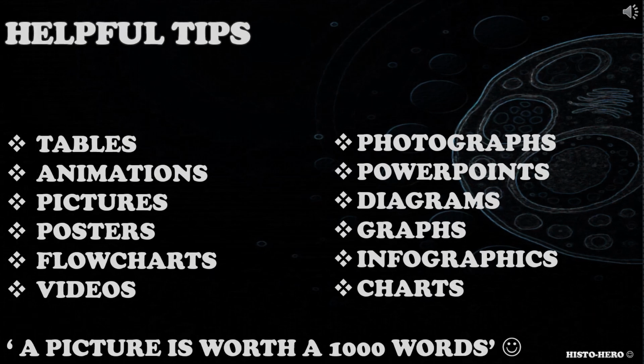I would also like to share with you some helpful tips that can make your portfolio look really good. Try to present the information in various formats such as tables, pictures, photographs, diagrams, flowcharts, graphs, or even videos, if you can. This nicely breaks down a lot of text that is usually present in specialist portfolios.